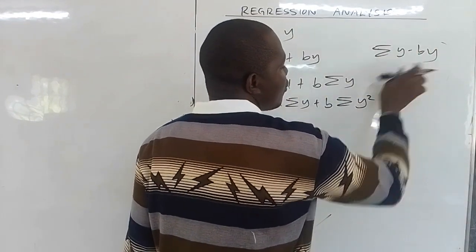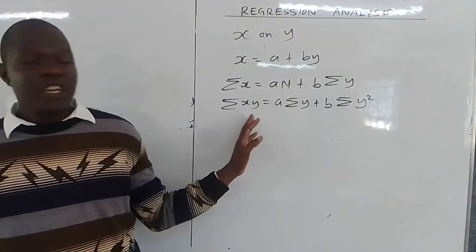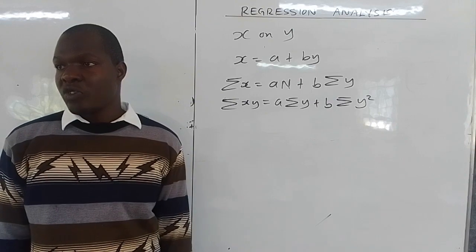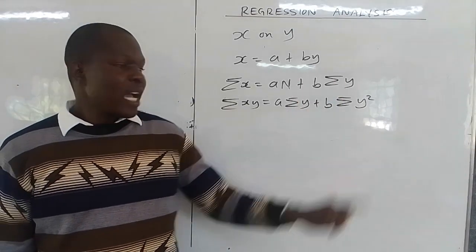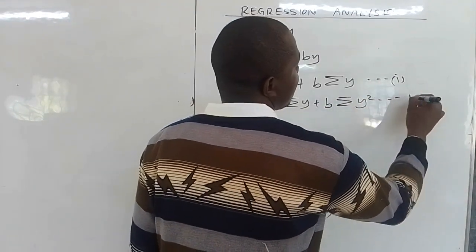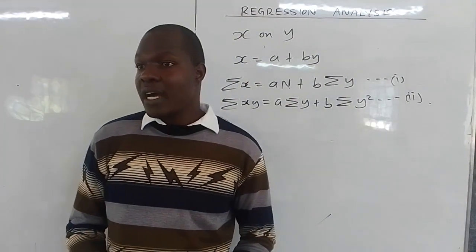B you factor outside, you remain with summation y squared. So when you multiply by summation y, it looks more neat. Are we together? You multiply by summation y, so xy, summation y, and summation y squared. So that is regression of x on y with the least squares method.